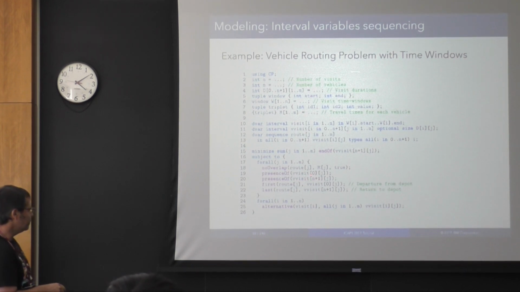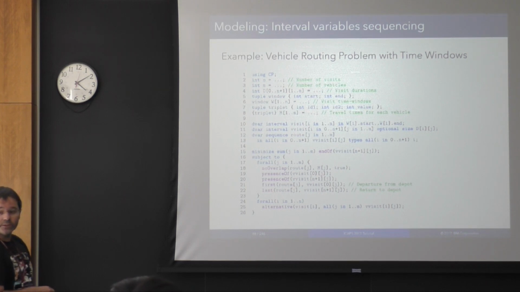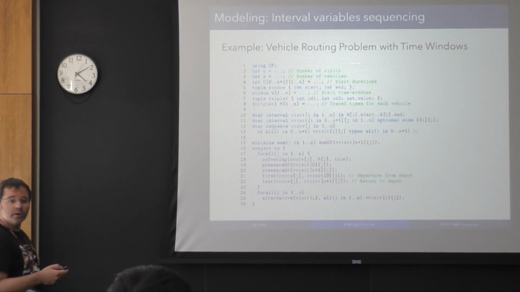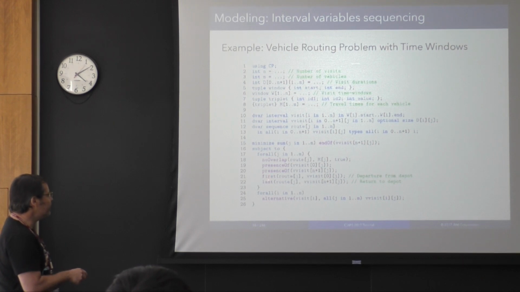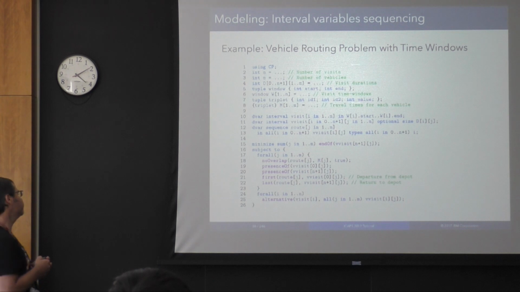That's why they are necessarily present. And you say that when you look at the sequence of a given vehicle route, the departure from the depot is the first interval, and the return to the depot is the last one in the sequence. So we see an illustration of how we use no-overlap constraints and these first and last constraints on the sequences.